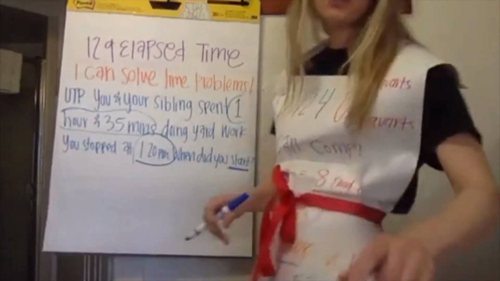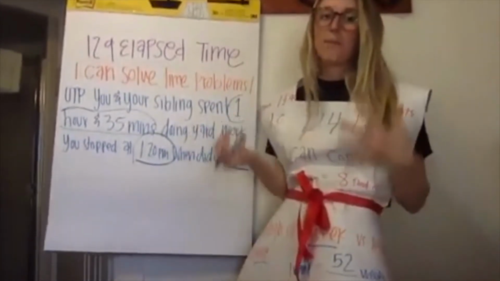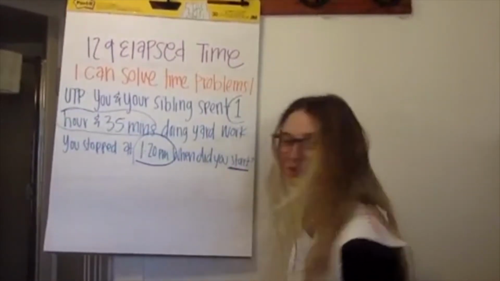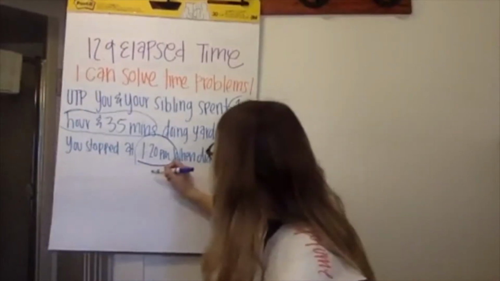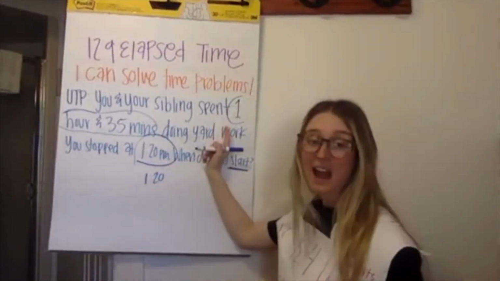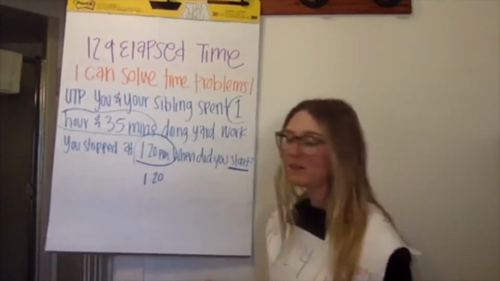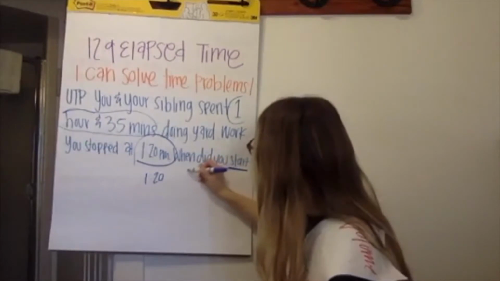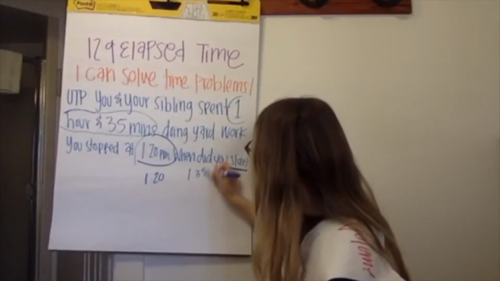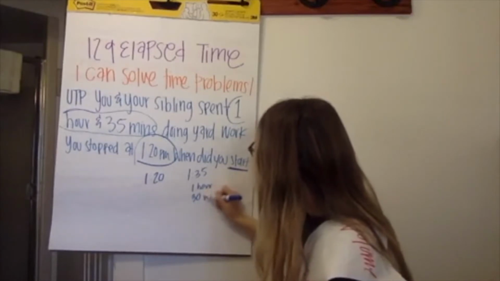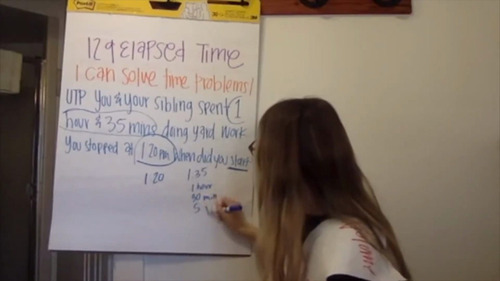In order to do this problem, we need to work backwards, okay? Oh, this dress is not going down. All right. If we are starting at 1:20, we need to go backwards 1 hour and 35 minutes to see what time we started. I think the easiest way to do this is to split up 1 hour and 35 minutes into 1 hour, 30 minutes, and 5 minutes.